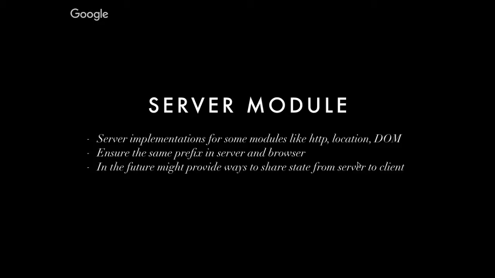Again, it ensures that the same prefixes are done. This is important for CSS and for the DOM itself, so that it's not re-rendered. Because if the prefixes are different, it's going to think that it needs to paint things again. And once the browser kicks in, the page should remain, it shouldn't re-render itself.